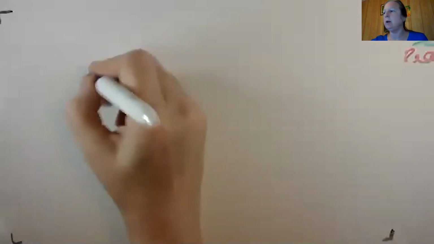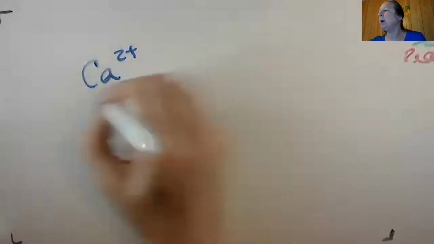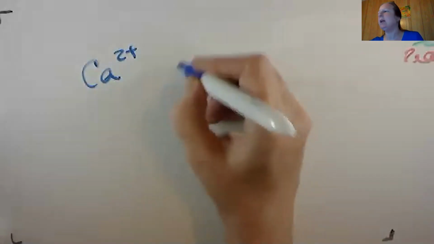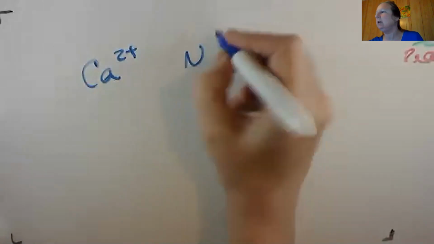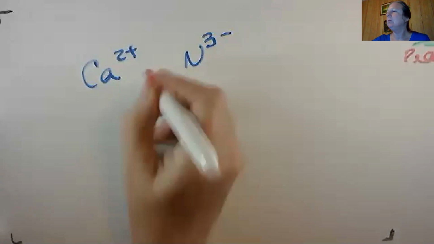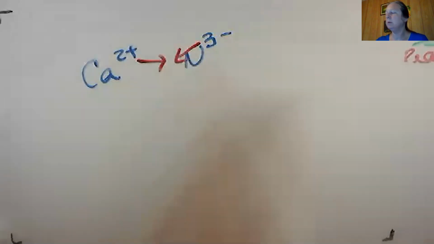So the first example is we have these 2 ions, calcium ion. Remember, if it's a cation, we just say the name and the word ion, but if it's an anion, we end it with IDE, right? If you use the crisscross rule, it's really easy to write down this formula unit.